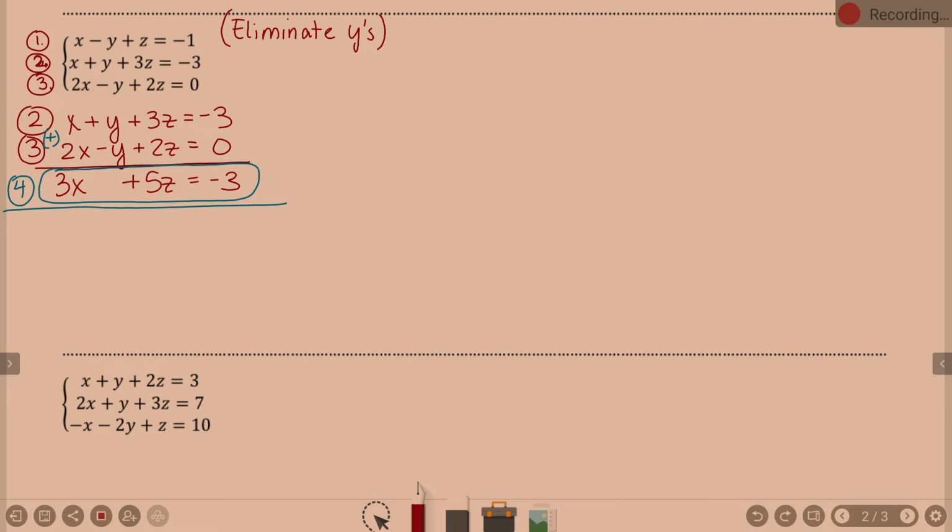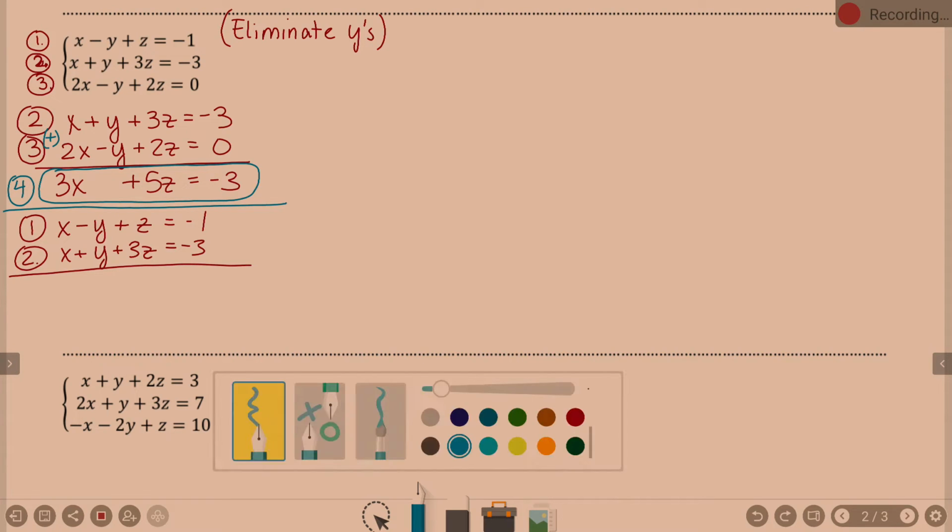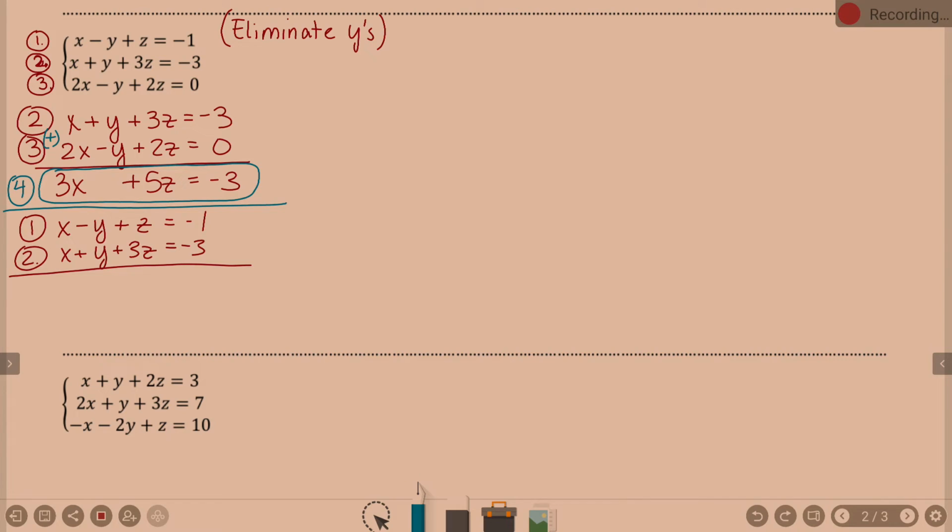What's the other good combo? 1 and 2. So 1 is X minus Y plus Z equals negative 1. And 2 is X plus Y plus 3Z equals negative 3. The Y's have opposite signs, a positive and a negative, so we're ready to add, correct?